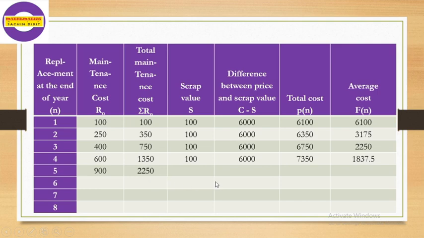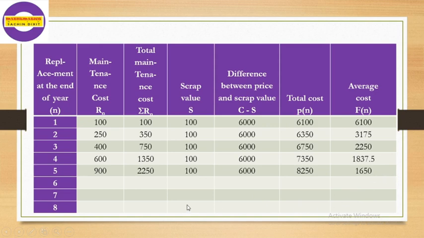Now the scrap value and this difference will be the same, and we have to add this 6000 to this total maintenance cost, that is 2250 plus 6000, it gives 8250. This gives the total cost up to the fifth year. Now to find the average cost up to the fifth year, we have to divide this total cost 8250 by 5. We get the average cost as 1650. You may calculate simultaneously, so you get a clear idea.